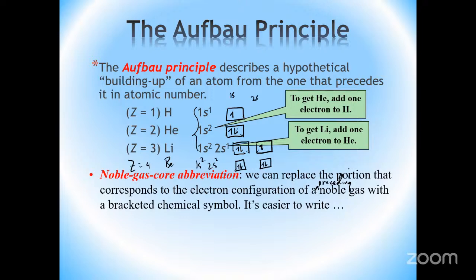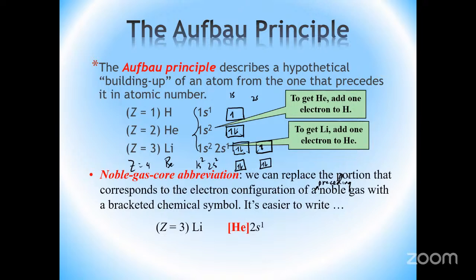So I have some examples here. Let's say you're asked, even though it doesn't make much of a difference in this example, to write down the abbreviated configuration for lithium. Instead of the full configuration like what we did earlier, you want the abbreviated version. First, you identify the portion of the electronic configuration that has the same configuration as the preceding noble element.